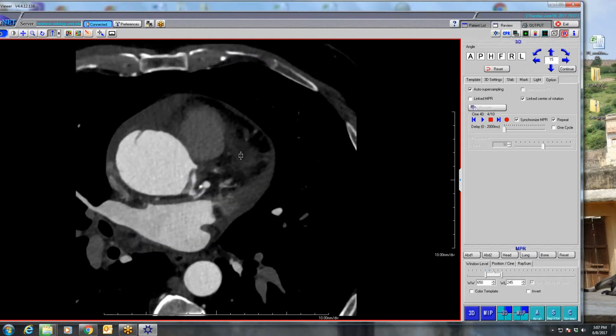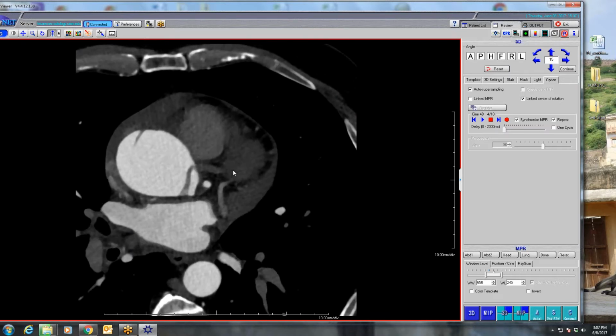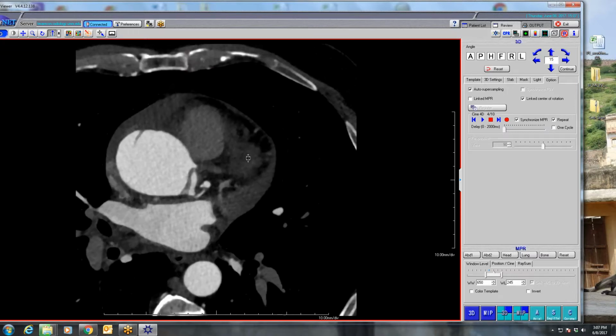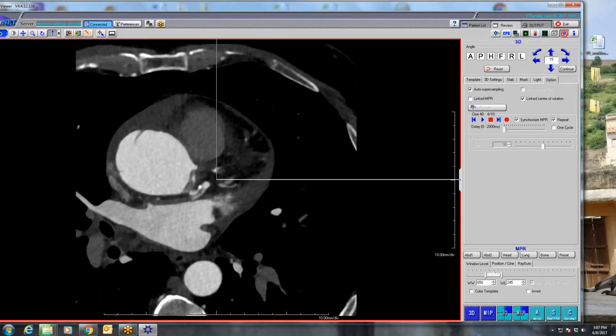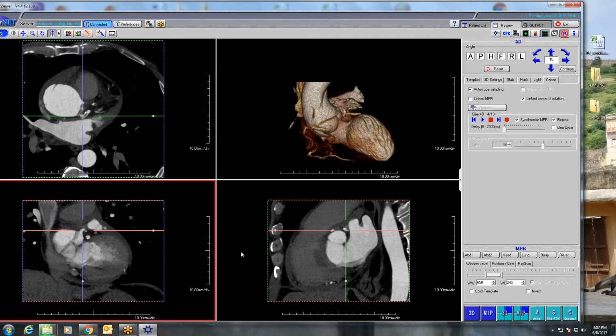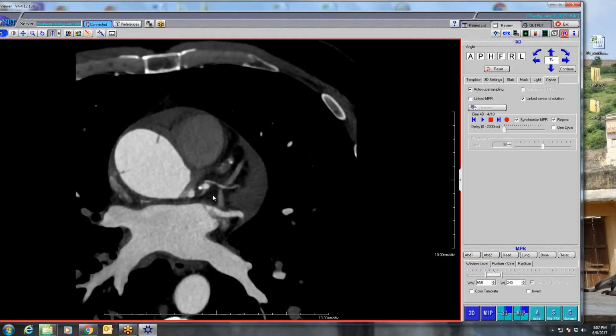And the reason why he's not really dead is basically he has separate origins of his LAD and his left circumflex, which is relatively uncommon. Cath literature says it's about 2%. I think it's a lot less than that. Personally, from reading a lot of coronary CTs, I don't see this very often.